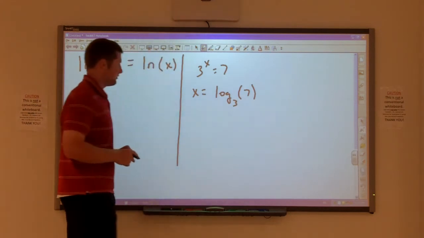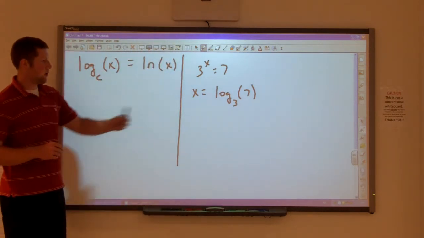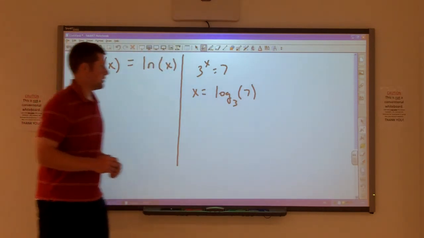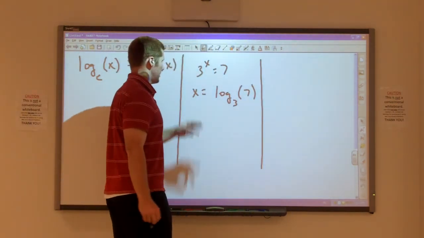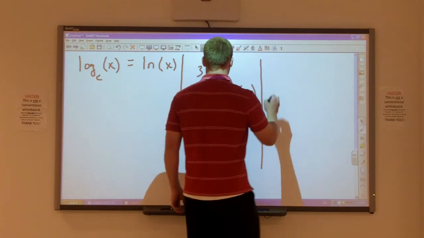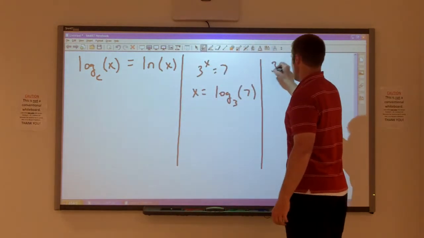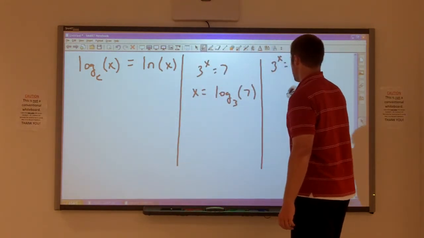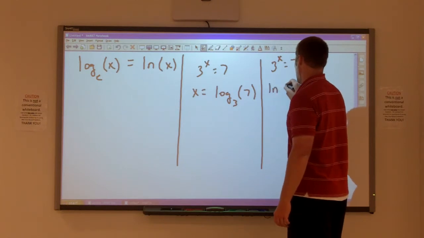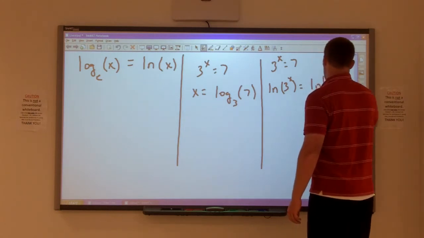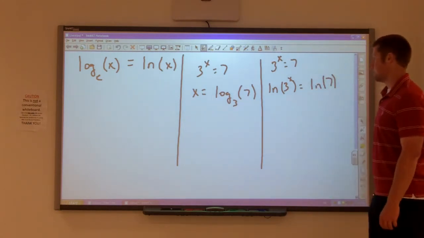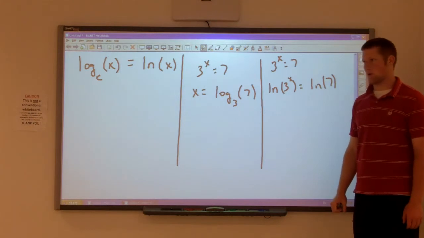Well, instead of using log base 3, let's use our natural log. And let's use the properties of logs to manipulate this equation. So we have 3 to the x equals 7. We take the natural log of both sides. We get that the natural log of 3 to the x equals the natural log of 7.